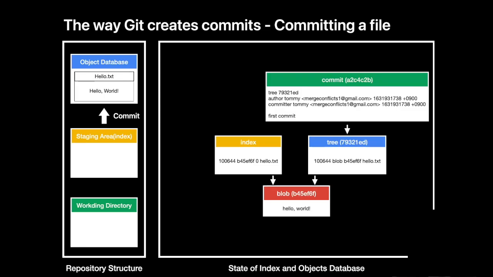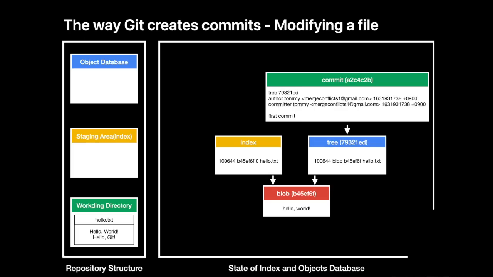The commit contains the information tree 79321ED, indicating that the commit is pointing to the tree. At this point, the content of the hello file is fully recorded in the object database, so the hello file is in an unmodified state with nothing more to record.